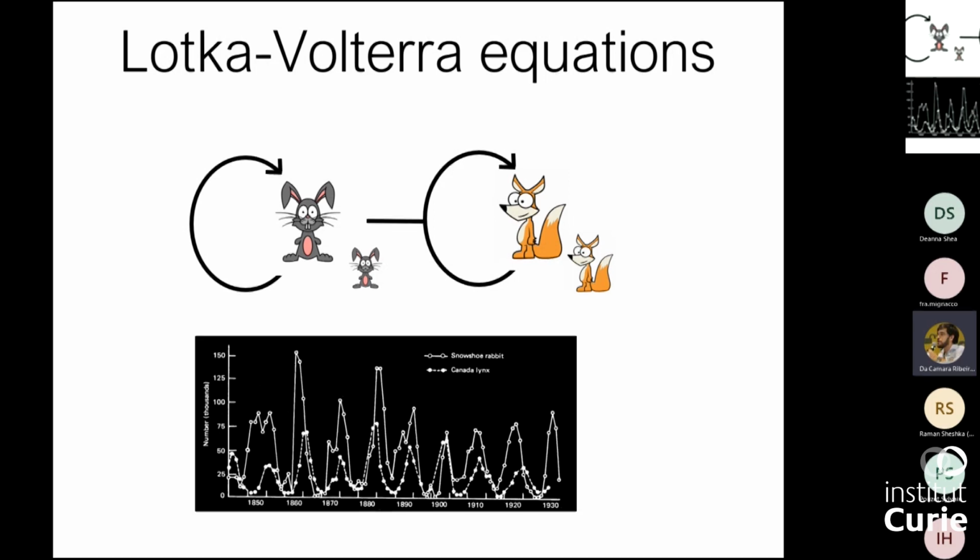And indeed, it was observed that if you look at the population of those animals, which is here measured by the amount that can be captured by hunters, you find strong oscillations over time, and they are coupled. So these are years, and these are the catches of the two animals.